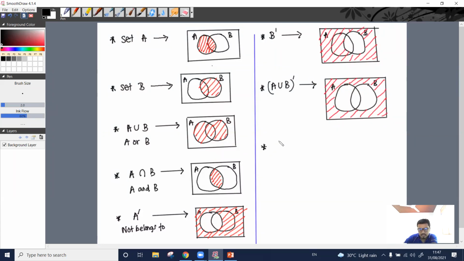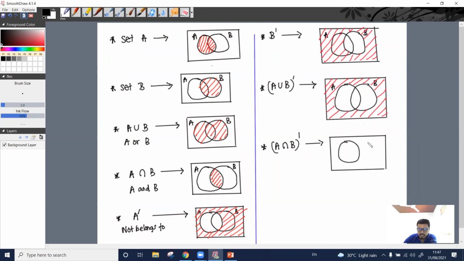We'll take another one. A intersection B dash. How can we represent this one?